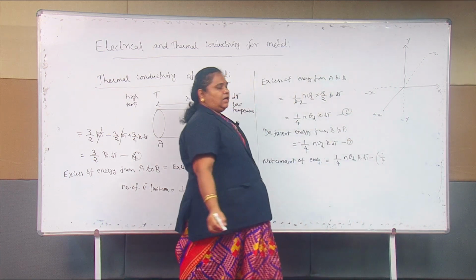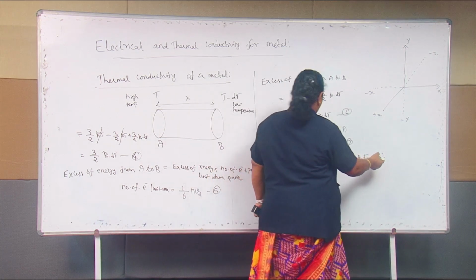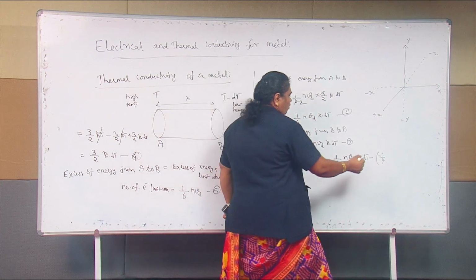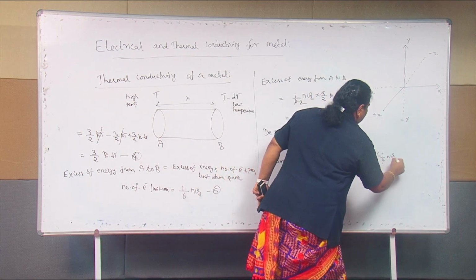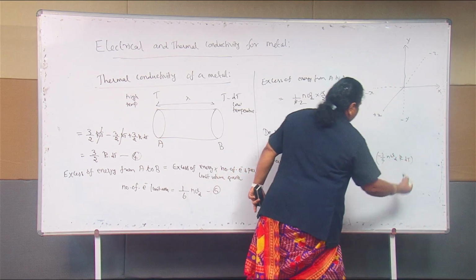With equations 6 and 7, we can write minus of, since we have one minus here, 1 by 4 n Vd k into dt.